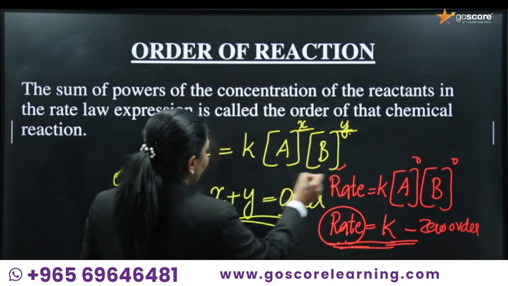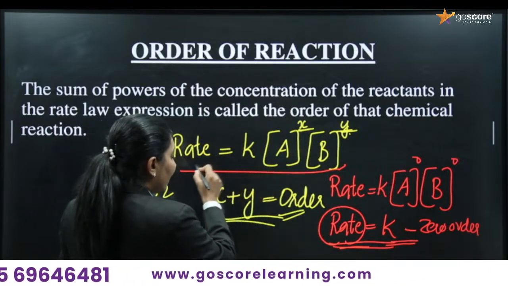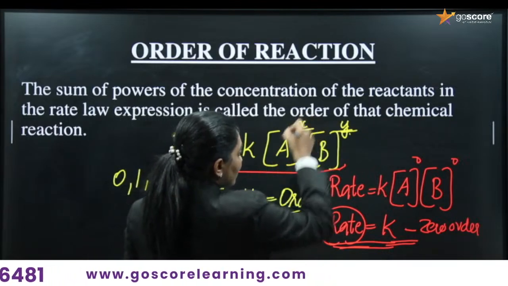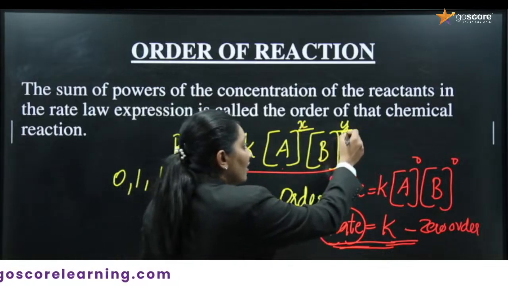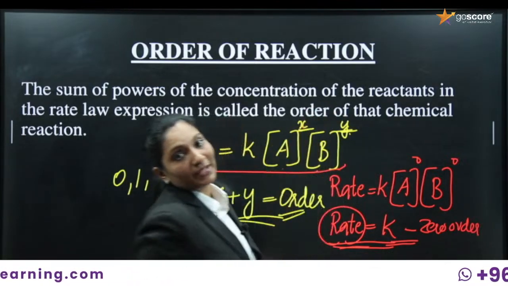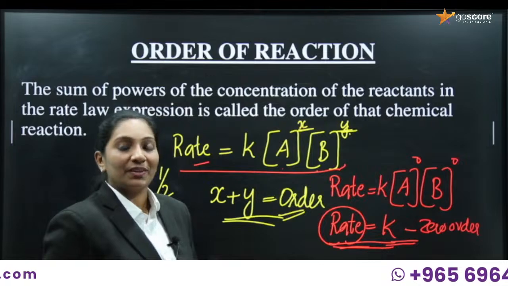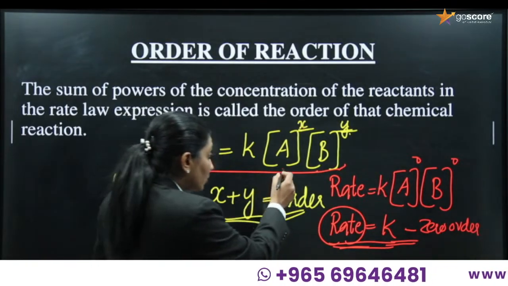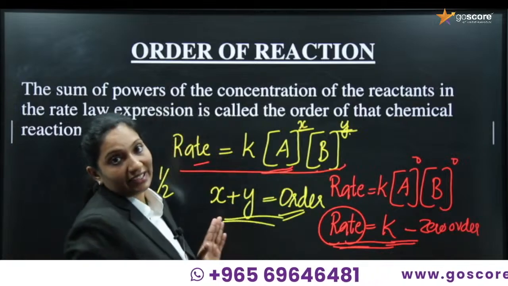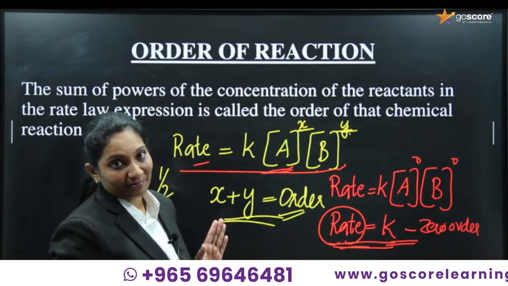For this reaction, the reaction rate is X order with respect to reactant A and Y order with respect to reactant B. By seeing the exponent we can say what order the rate of the reaction is with respect to that particular reactant.